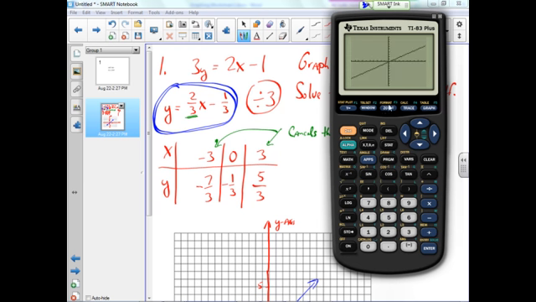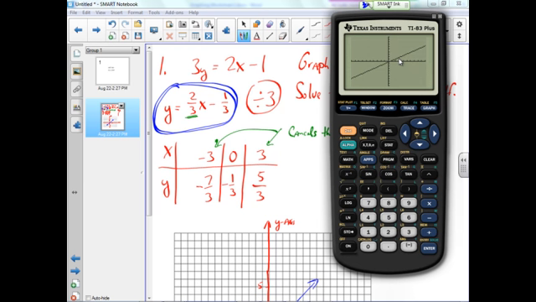I had to go to zoom and change my window back to the standard default because I remembered I had something different in a while ago. Your calculator remembers the last thing you did. My calculator here, if I turn it off and turn it back on, it will forget my settings. Yours will remember. Okay?